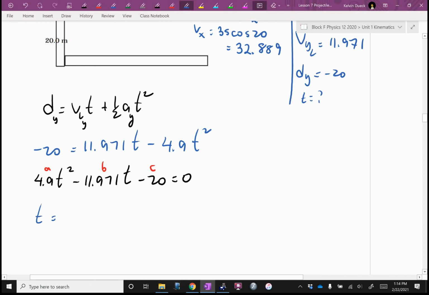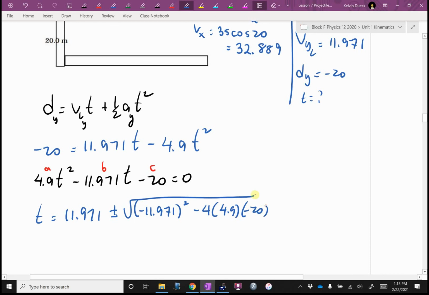T equals negative b. So positive 11.971 plus or minus the square root of negative 11.971 squared minus 4 times a times c all over 2a.